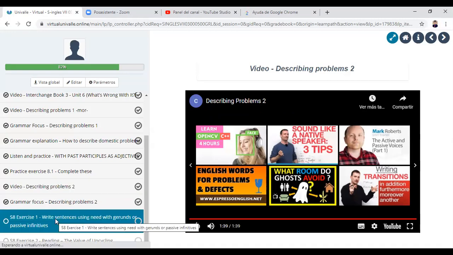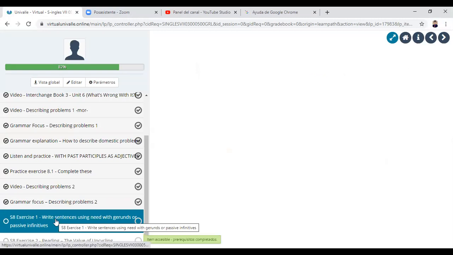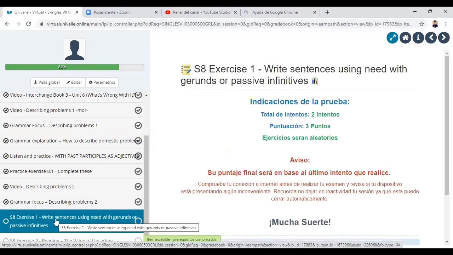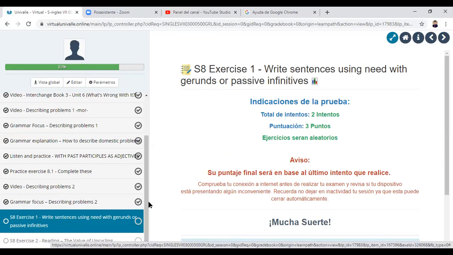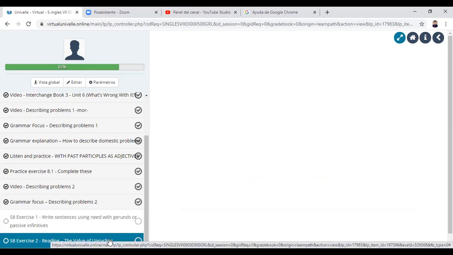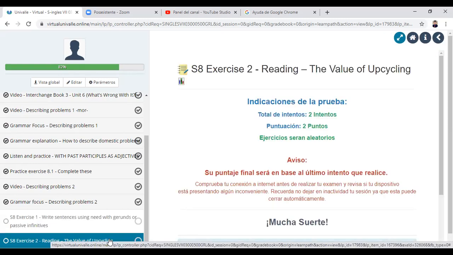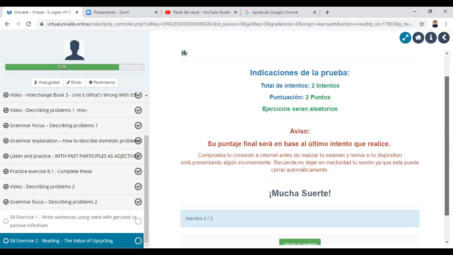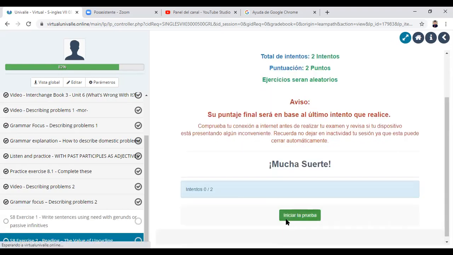This exercise is going to be evaluated and it is worth 3 points. You're going to have to try. If you fail on the first one, you'll have a second chance to improve. And finally, we have the reading, the value of upcycling, a new way to recycle.